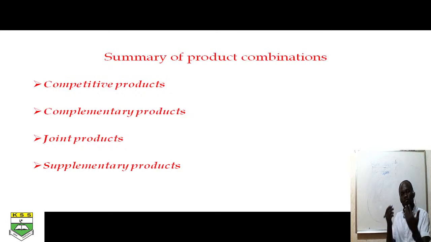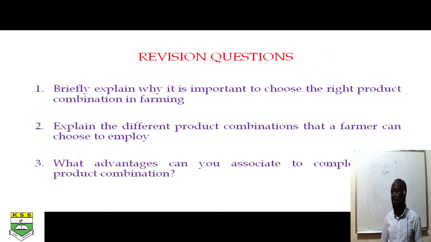You cannot have one without having the other. Then lastly, our supplementary products, those that can coexist at the beginning without competing for the resources. However, when you decide to scale up, to increase the productivity of one or both of them, they begin competing. So, that is our main business for today.